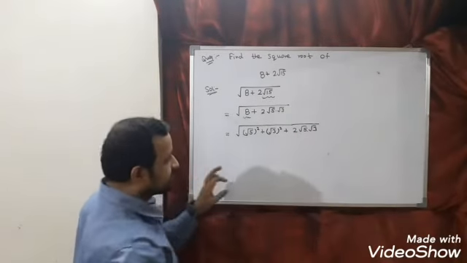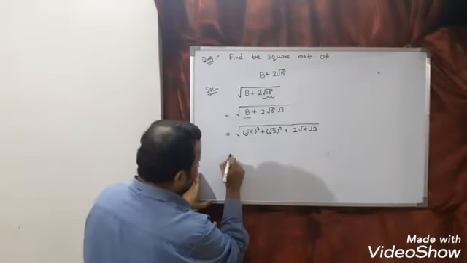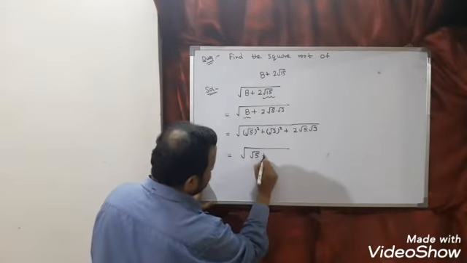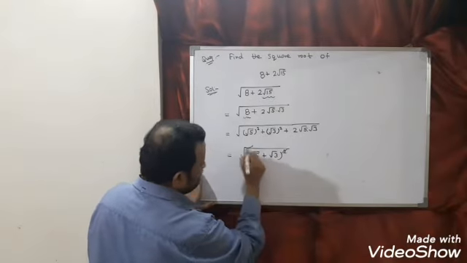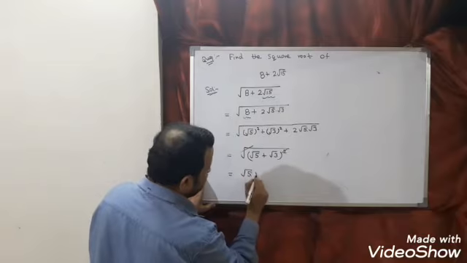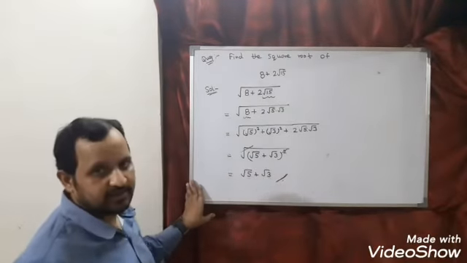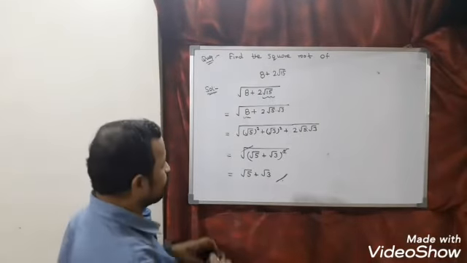So you can see A square plus B square plus 2AB we can write as the square root of (root 5 plus root 3) whole square. So you can see the square root cancels. So the answer of this question is root 5 plus root 3. So this is the required solution. Let us see one more question which is similar to this.